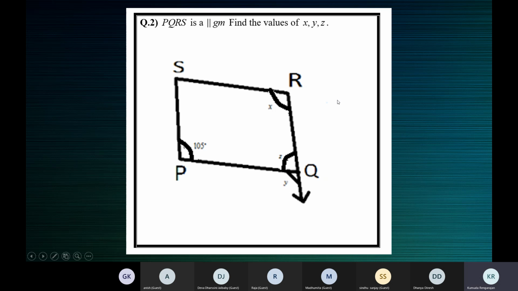So now tell me, children, which are the parallel lines and transversal when you use the property that corresponding angles are equal? Mention the parallel lines and transversal.